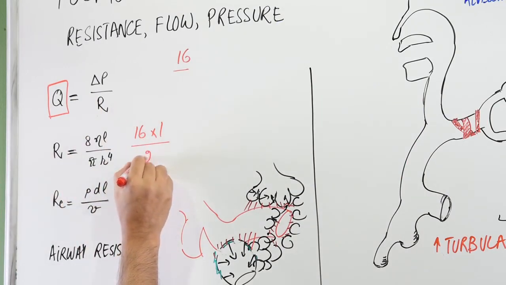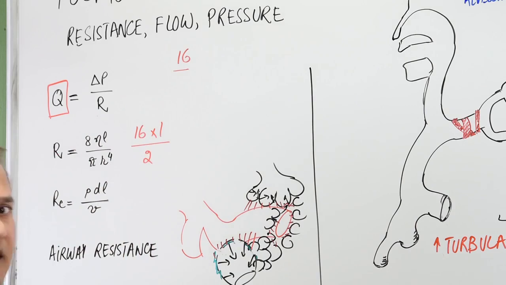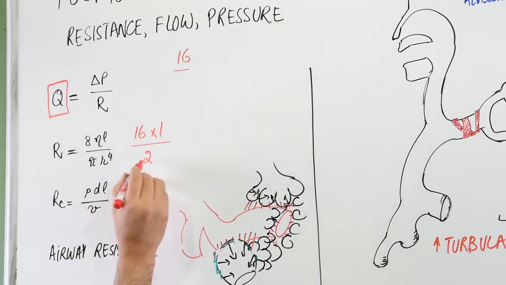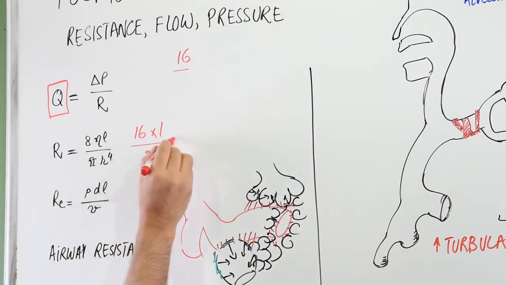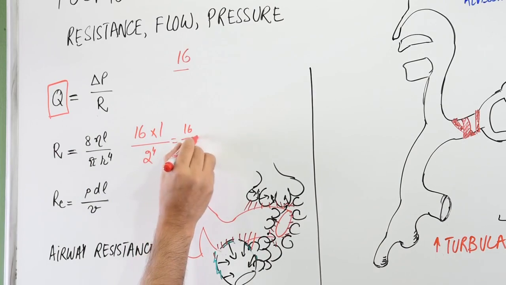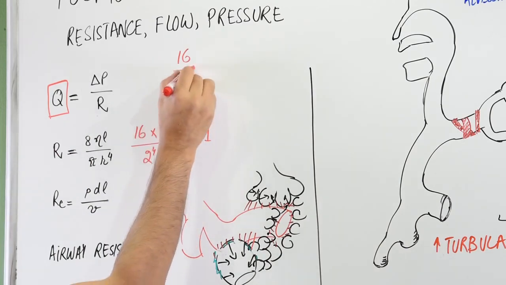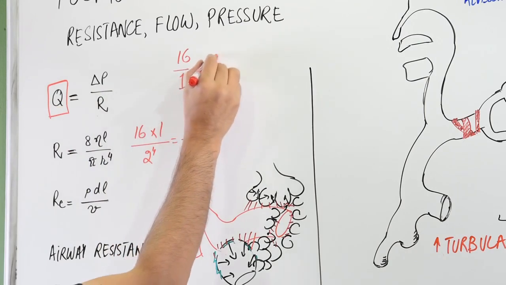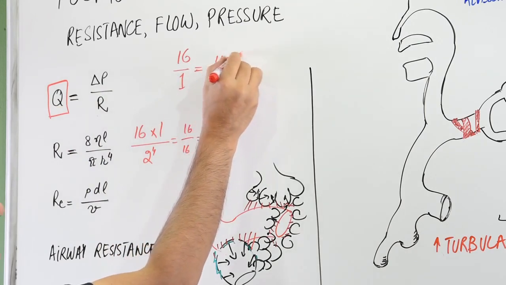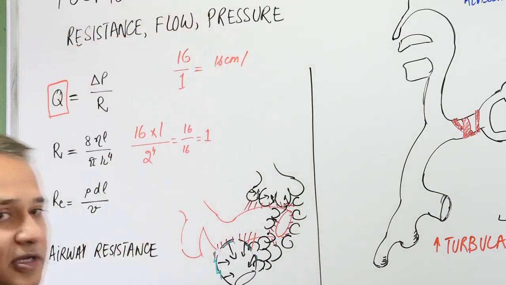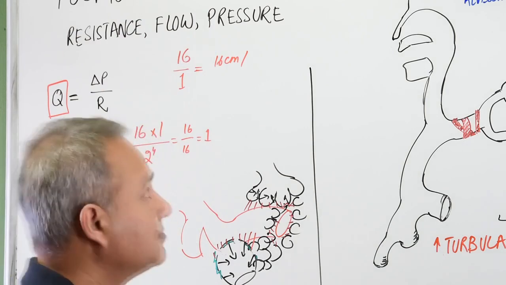The radius is 2 millimeters. I'm just making up some numbers. 2 raised to power 4 is 16, so 16 divided by 16 equals 1. If you put this 1 down here, then the flow is going to be 16 centimeters per dyne of resistance.